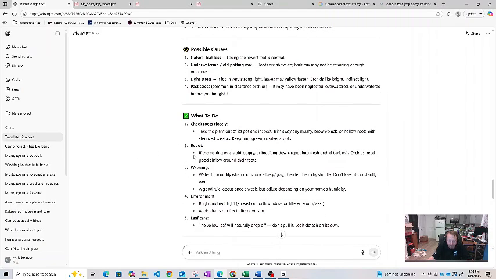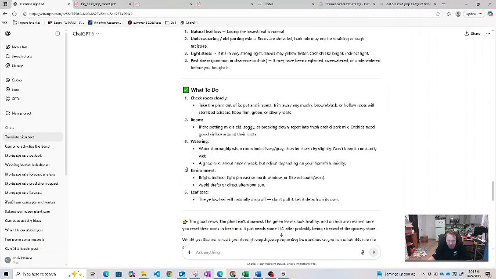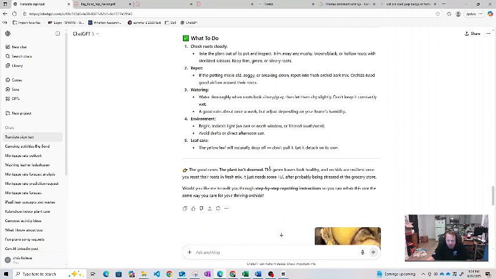We can check the roots, we can repot it, water it, make sure it's got the right environment, lights, avoiding drafts, things like that, and just letting the leaves fall off naturally. Good news is the plant's not doomed. Green leaves look healthy. And then it asks if I want step-by-step instructions.